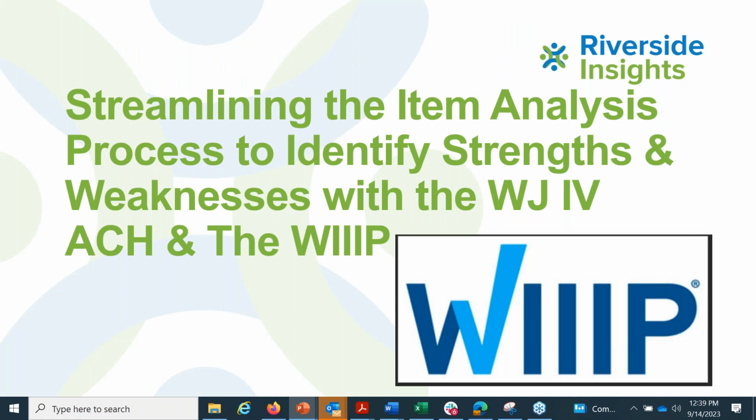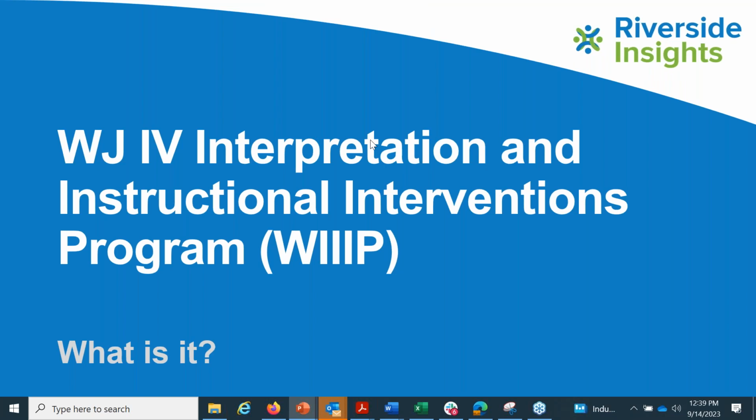So how can we streamline the item analysis process to identify strengths and weaknesses within the WJ achievement and the WIP? This is one of the great features of the WJ and the WIP program. If you're not familiar with the WIP program, it is the WJ4 Interpretation and Instructional Interventions program.